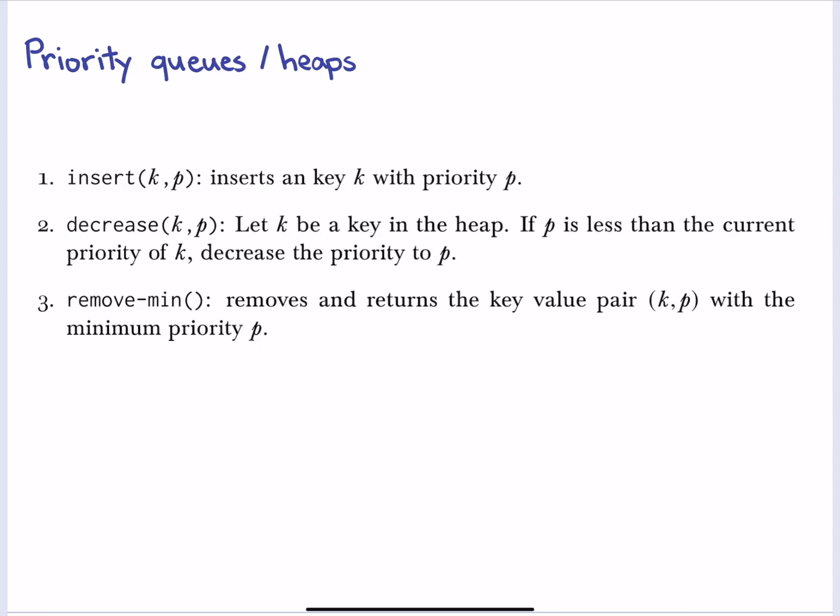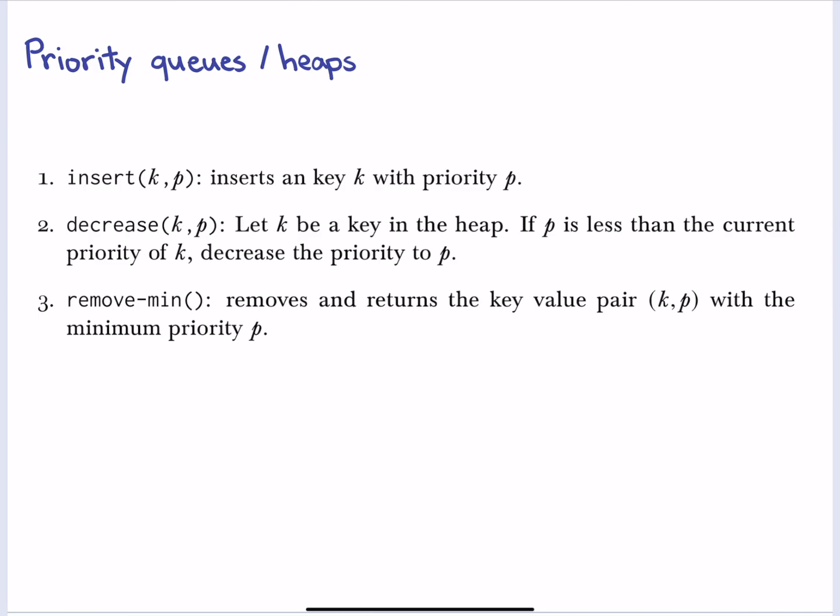The values are sometimes called priorities in this context. You have three operations. One, you can insert a key with a particular priority, and it just goes in the heap, in the queue. Second, you can remove the key value pair with the minimum value or minimum priority. You can keep extracting the min.